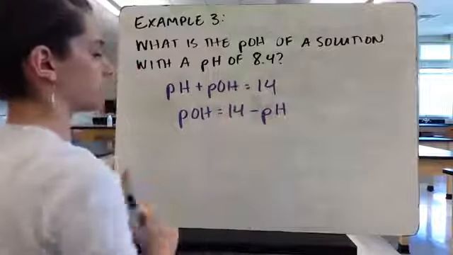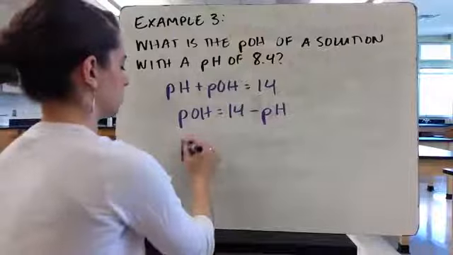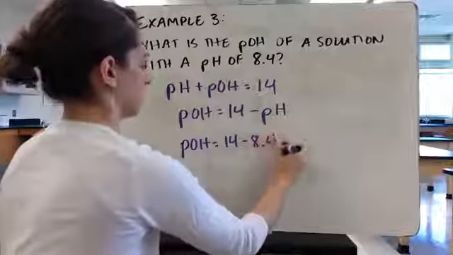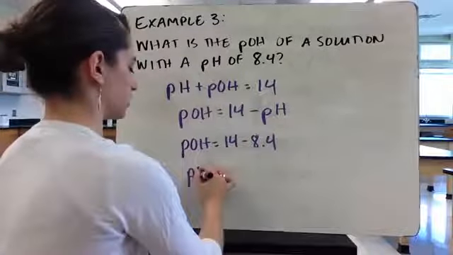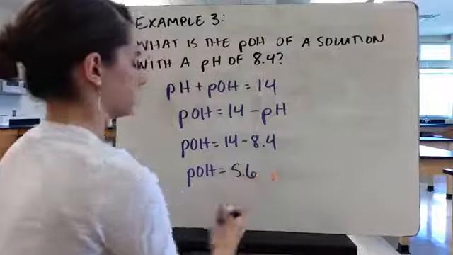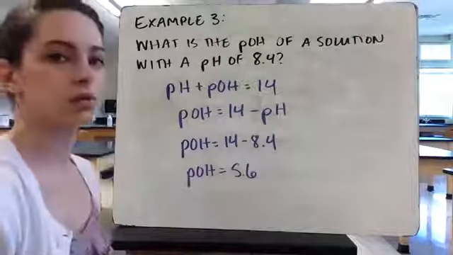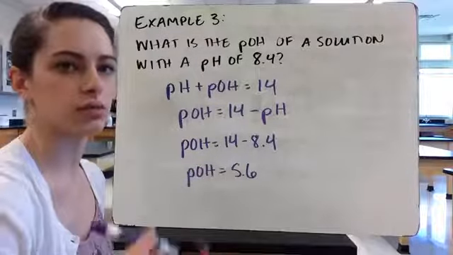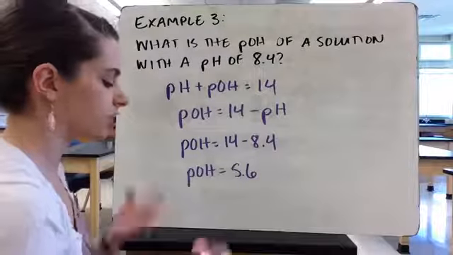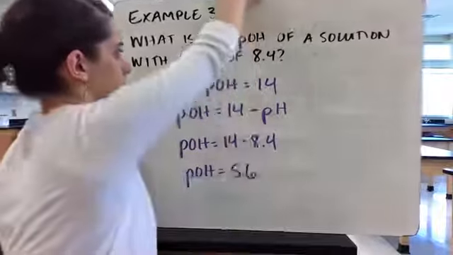We know our pH, that was given to us in the problem. So our pOH equals 14 minus 8.4, which leaves us with a pOH of 5.6. So really we're just using the same equations and manipulating them in different ways to find the answers we're looking for. Okay, we have two more examples.